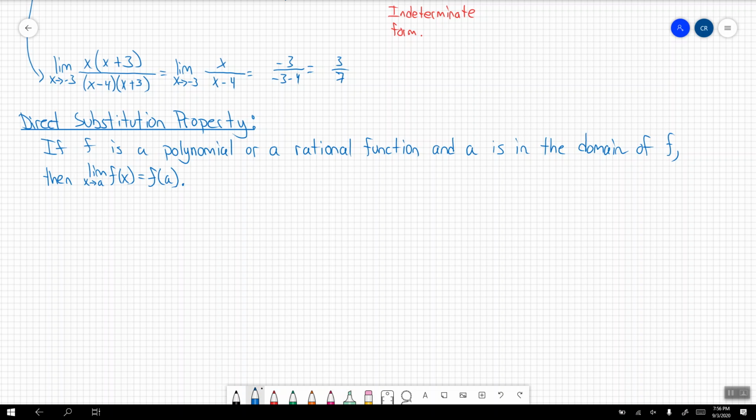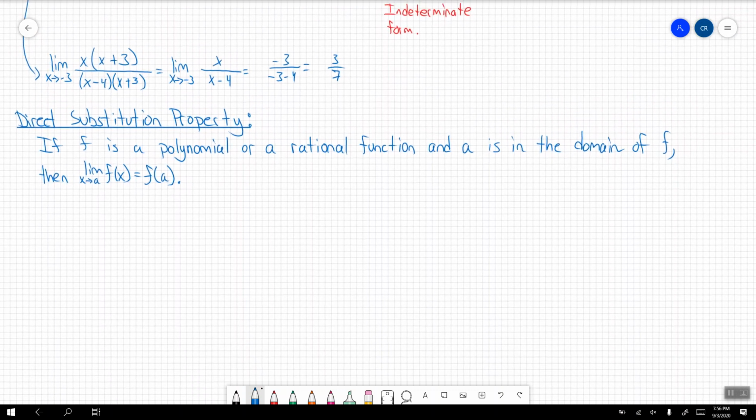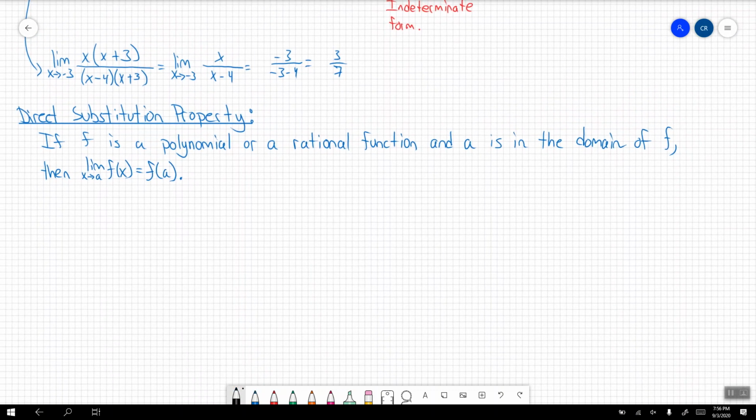Now, let's keep looking, because a lot of times we want to make sure we know how to evaluate limits. And some of my favorite limits are limits that involve piecewise defined functions.